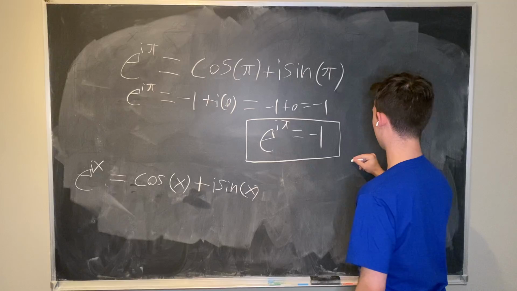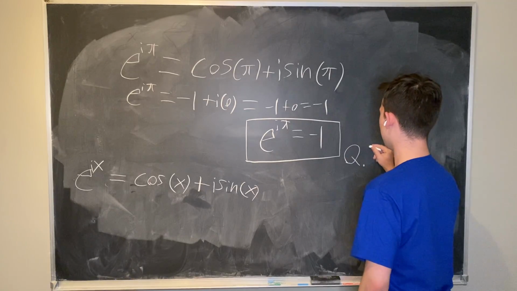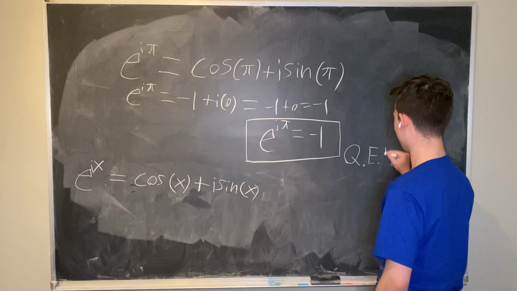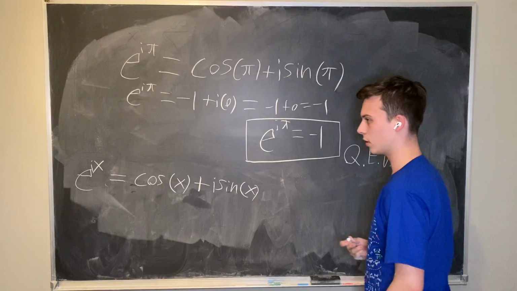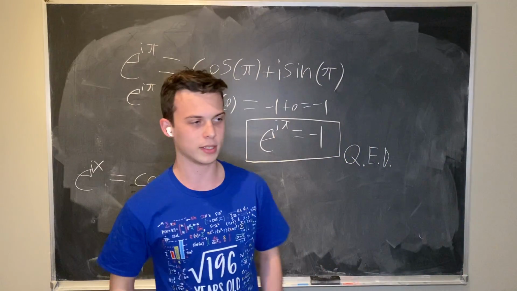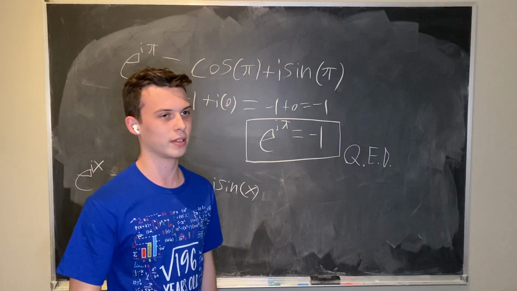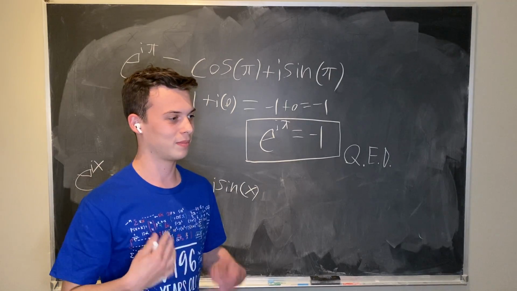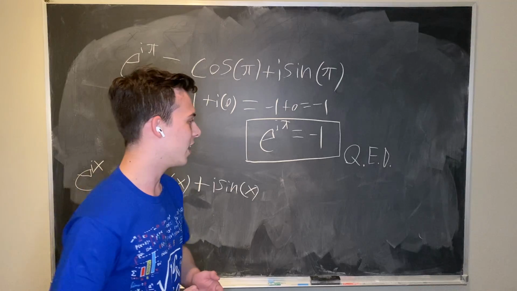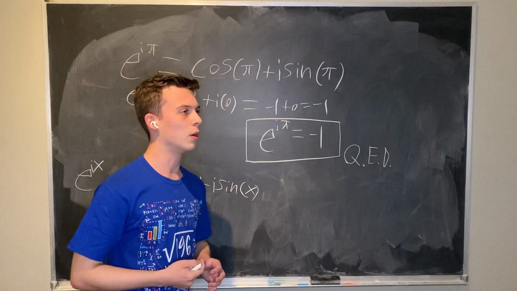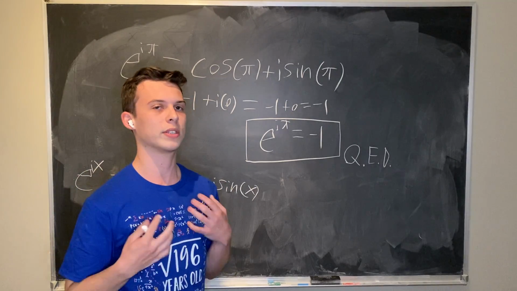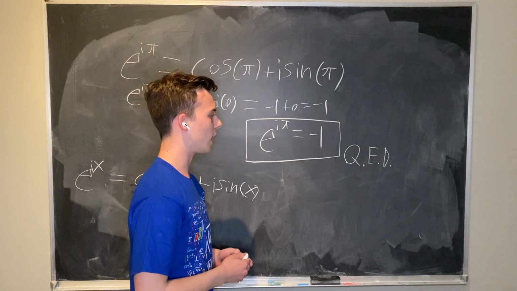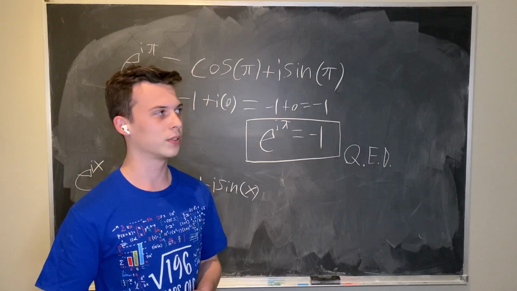And you can put a little QED there. A little fancy about it. Oh yeah, for those of you who don't know, QED is an abbreviation for the Latin quod erat demonstrandum. Sorry, I'm getting a little bit of a Czech accent in there. Which essentially means which was to be demonstrated, which was to be shown. And so that's commonly put at the end of mathematical proofs.